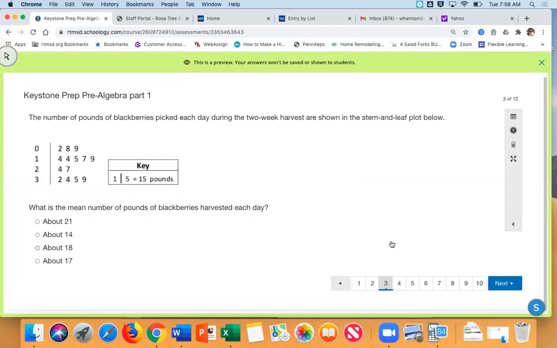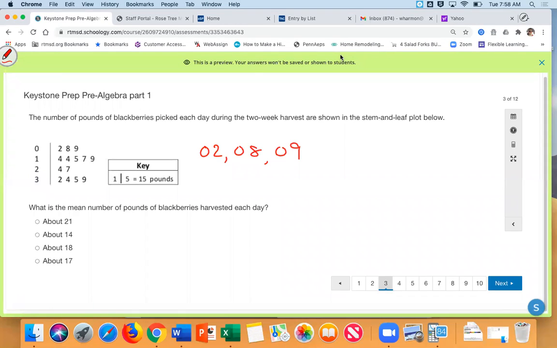So the stem and leaf just means these numbers over here on the left, the 0, 1, 2, and 3, they're the first part of your number. And these are your leaves, meaning the second part of your number. So if I was going to write out these numbers, they would be 02, 08, 09.